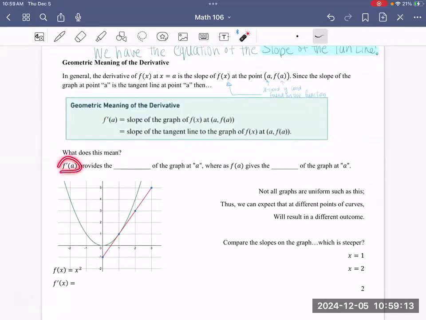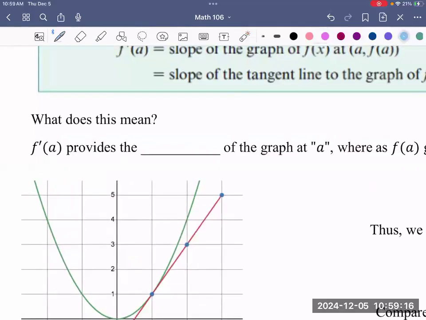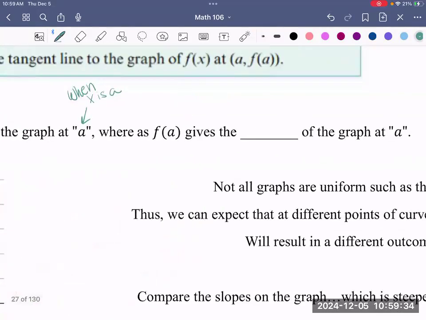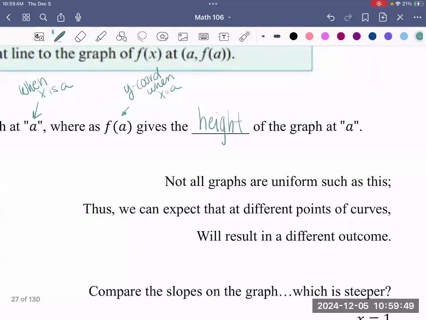It just says the derivative when x is a, so you've picked out a point, x is now a, provides the slope of the graph at a, when x is a, whereas f of a, this is your y coordinate when x is a, gives the height of the graph again at a, at the point that you have picked.